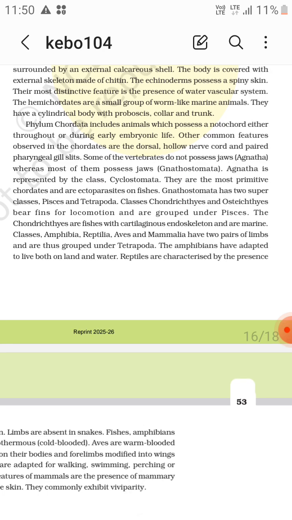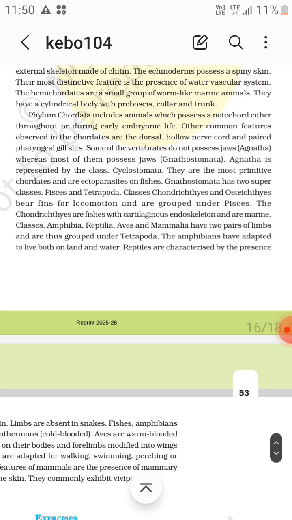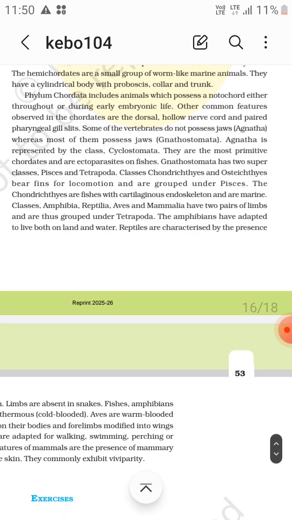The Cyclostomata are the most primitive chordates, belonging to the division Agnatha, and are ectoparasites on fishes.